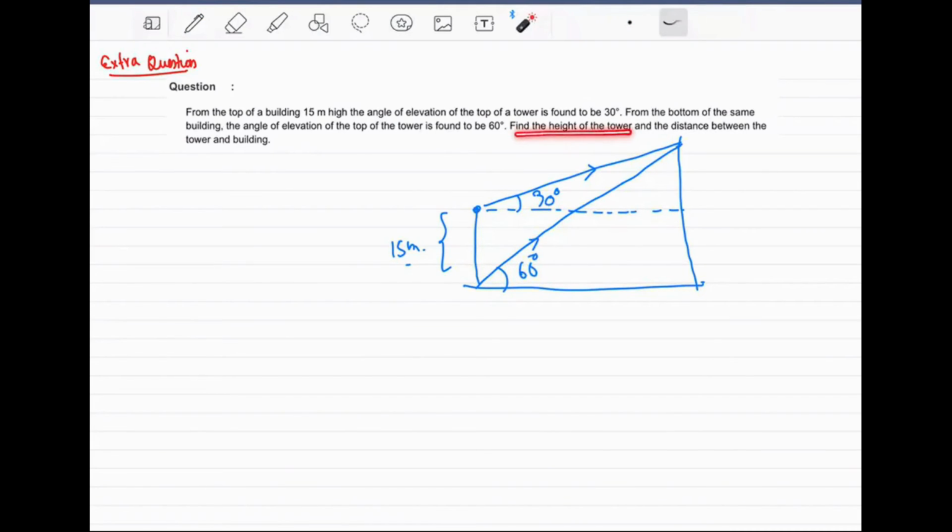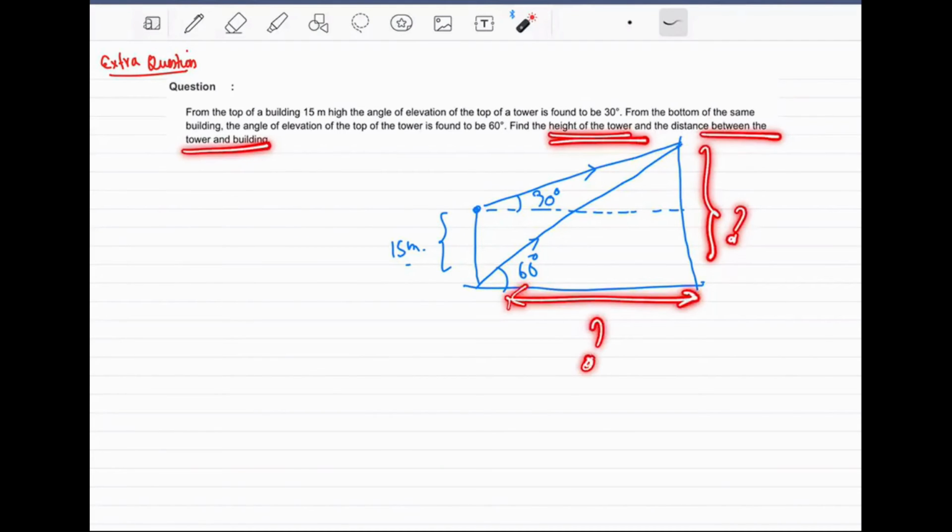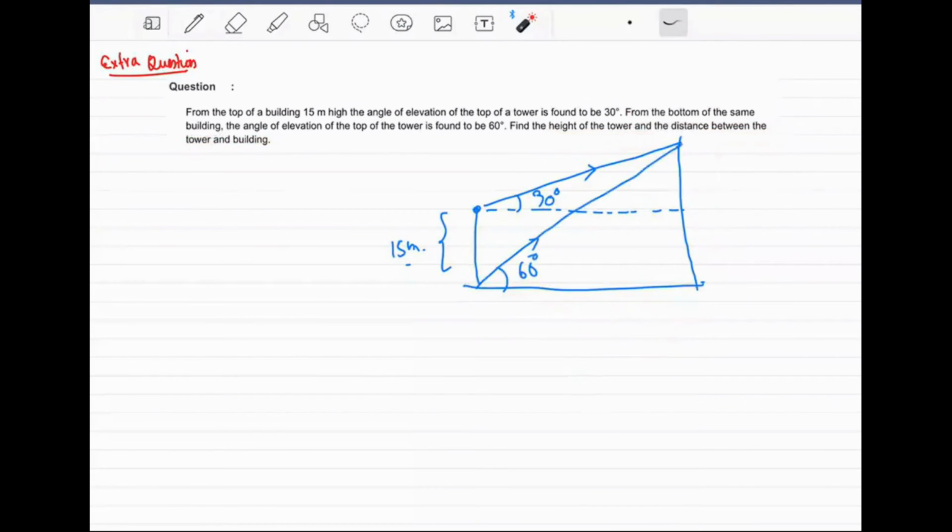Find the height of the tower and the distance between the tower and the building. How tall is the tower, and how much is the distance between them?